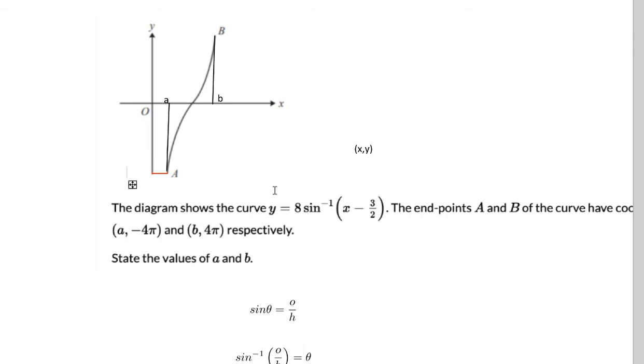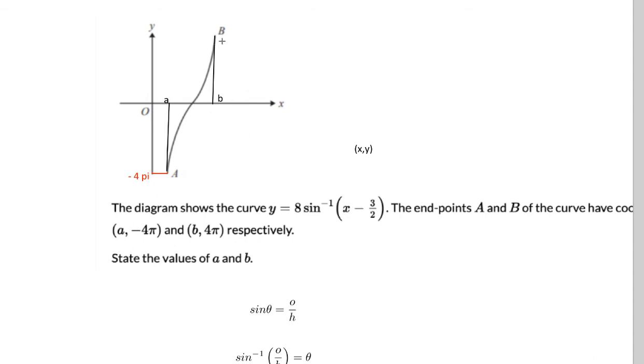So I'm just going to write 4 pi there. And remember that in this circumstance, it is stated very clearly that that is meant to be a minus 4 pi, which is the equivalent of minus 3.14 if you're going to do three significant figures.